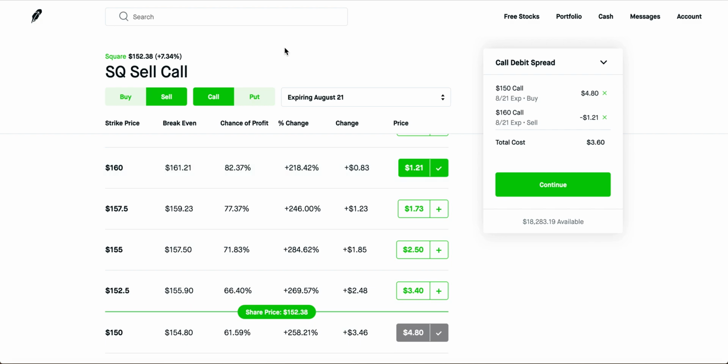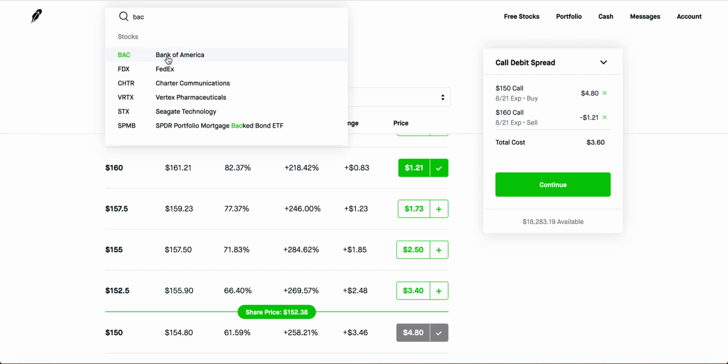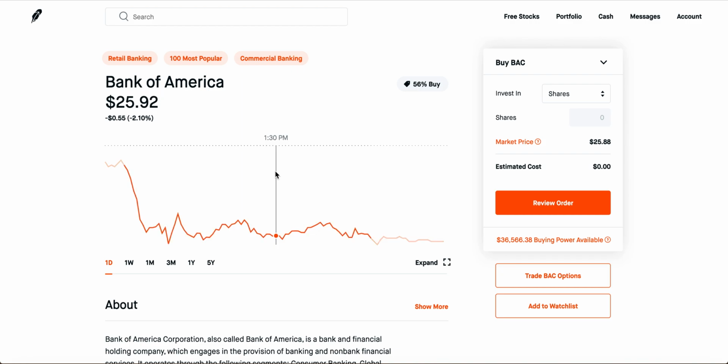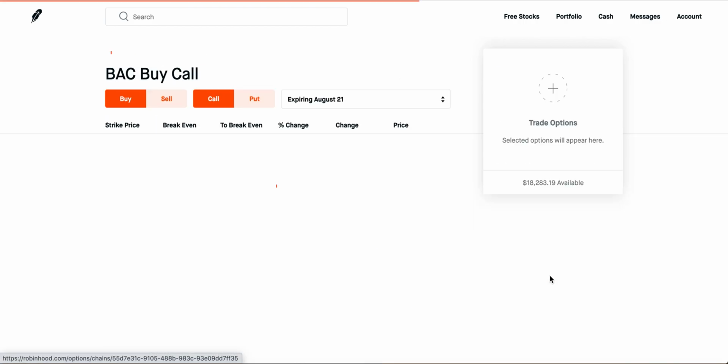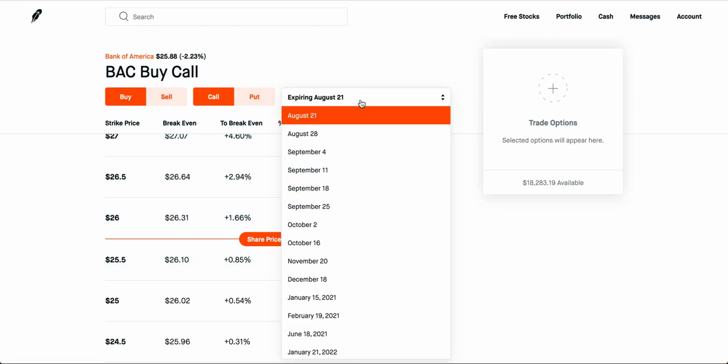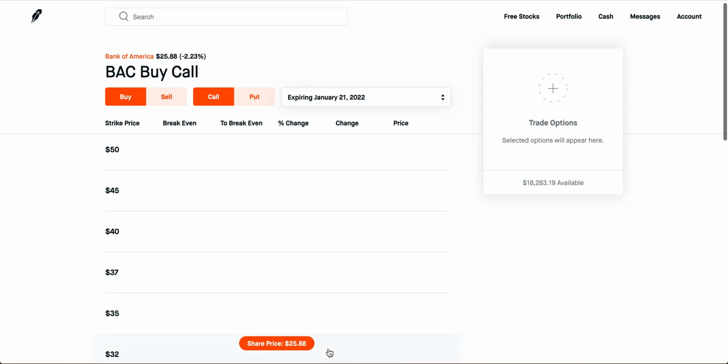And a lot of people are still confused. Today I was talking about BAC, Bank of America, and I got a LEAP at the 10 strike. So people are asking, why am I getting a 10 strike LEAP? And the thing is, if you look at it, I got 22.